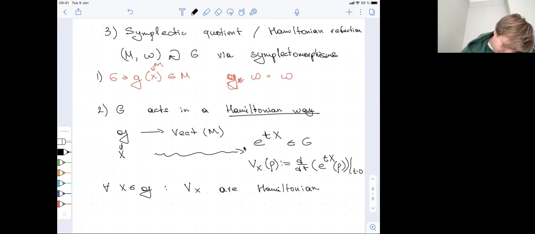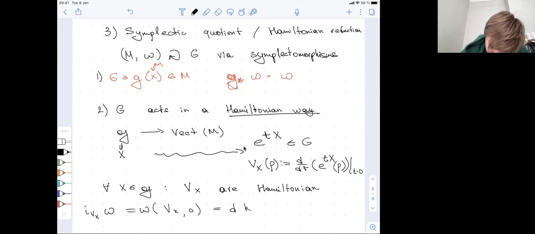So it means that omega of V_X, when we insert the vector field in the symplectic form, this form is closed. So there is a function h which depends on the element X in the Lie algebra, and such thing equals the differential of h of X.